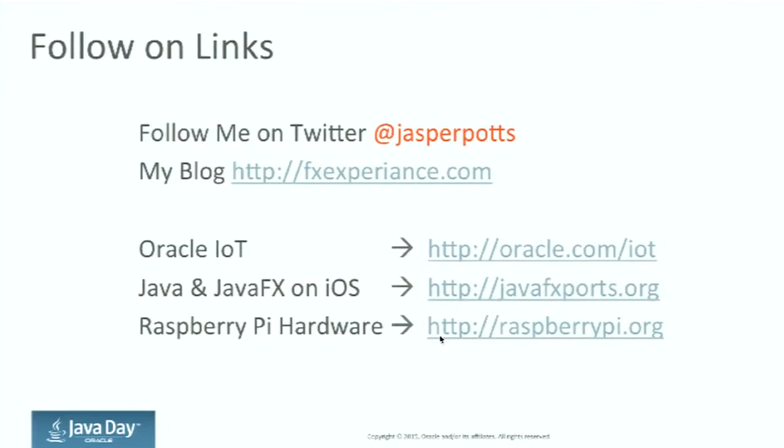There's also Oracle IoT to find out more about how you take the same sort of ideas and concepts and apply them to big corporate and enterprise solutions. And then JavaFX Ports is the cool technology I tried out last week that lets you run your same JavaFX app onto your iPad or Android device. And then the Raspberry Pi for all of the fun little devices.